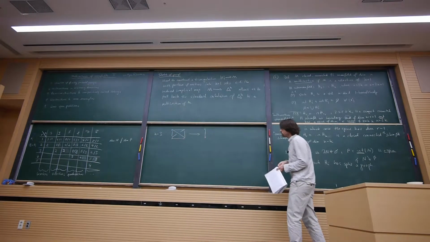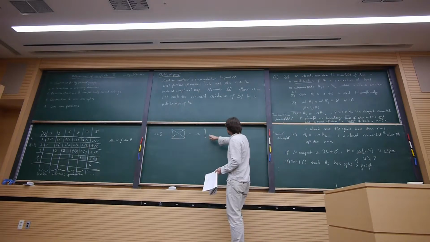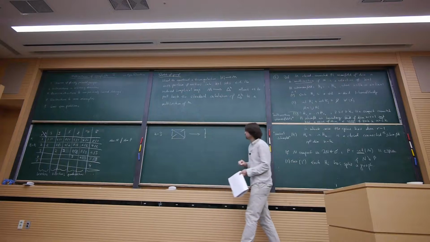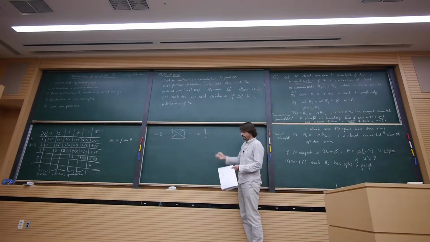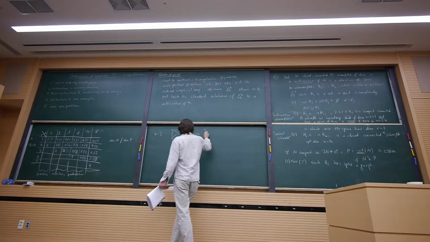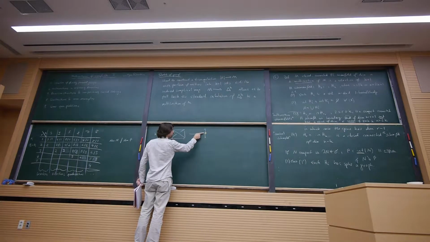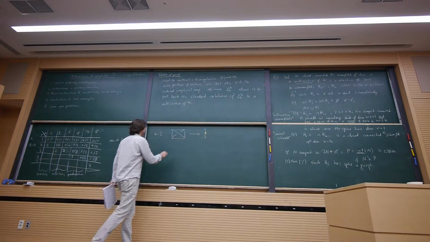Because the standard cubulation of the one simplex in this case had just the cubes defined by the barycenter. Let me make the barycenter yellow. So this is one of the cubes. It's a 0 cube, here's a 1 cube, and here's a 1 cube. So these were our 3 cubes.